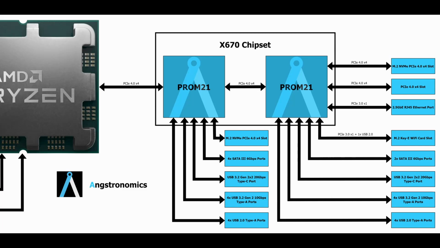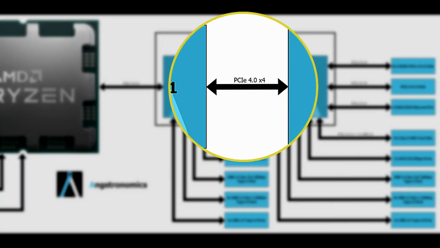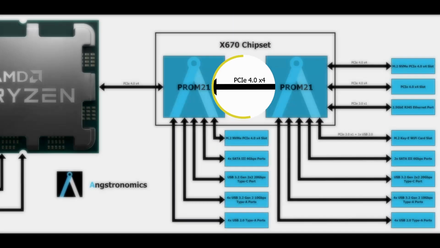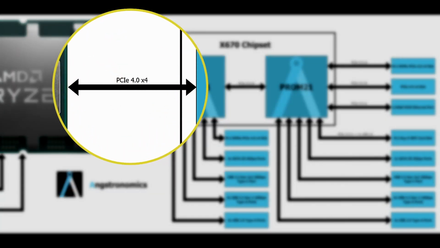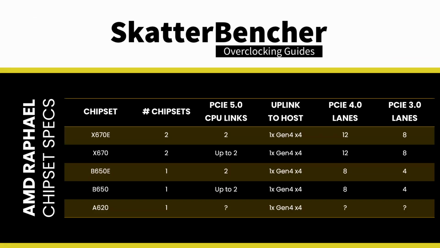In terms of performance, you may expect a potential bandwidth bottleneck on X670 when all the lanes are in use. That's because the second chipset data first passes through the PCIe 4.0 x4 lane to the primary chipset, which has its own I/O, then again passes through a PCIe 4.0 x4 link to eventually end up at the CPU. Both the X and B series chipsets enable support for overclocking. In contrast, the A series is not expected to support any overclocking.